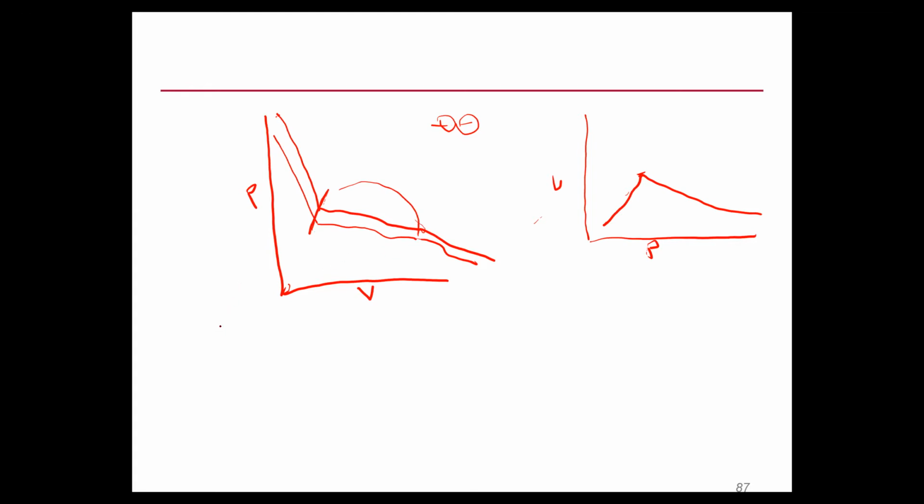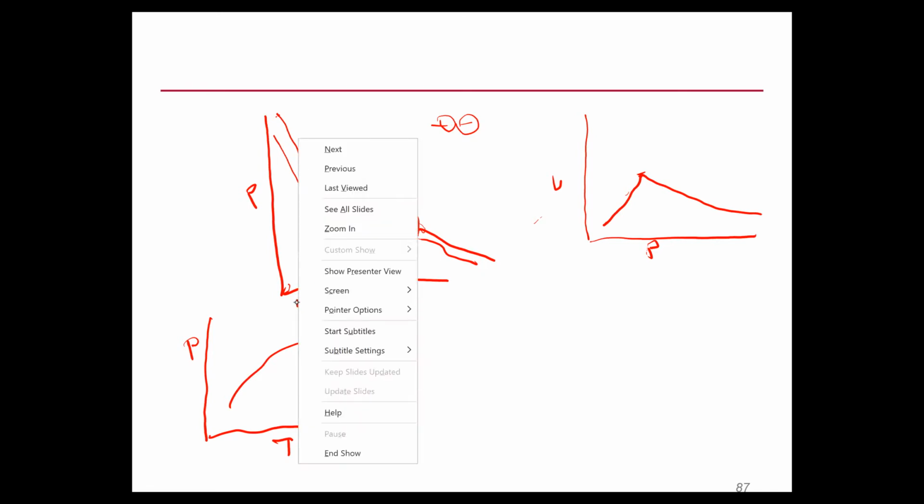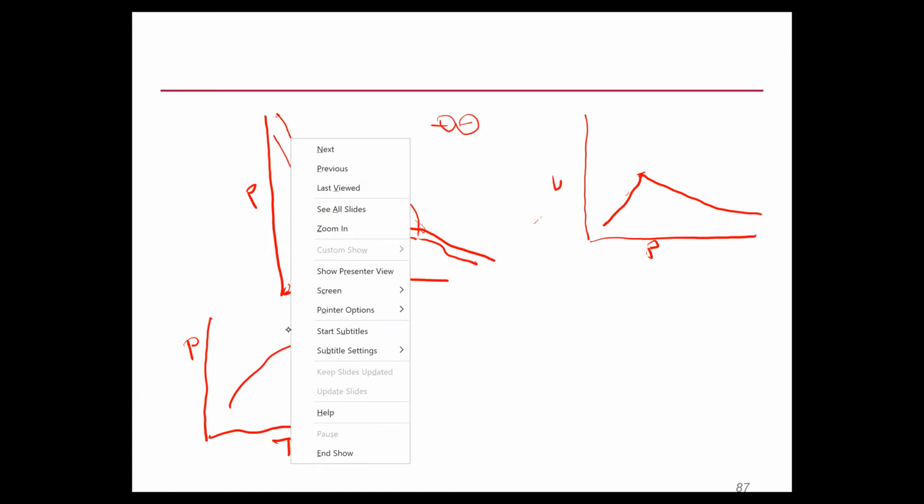If you plot this pressure temperature diagram, this is a phase envelope. This is the bubble point, and for an oil reservoir the temperature is below the critical point.